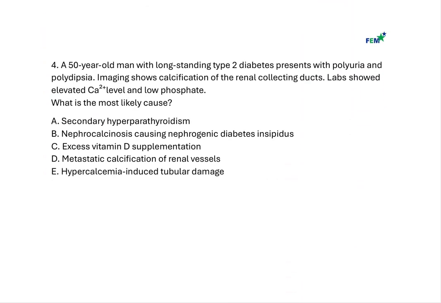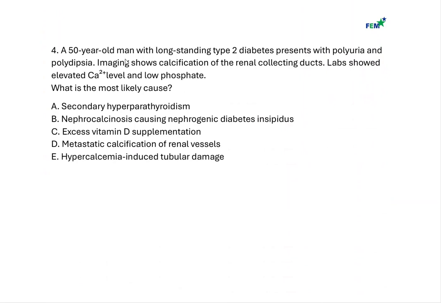And the last question for today, guys. A 50-year-old man with long-standing type 2 diabetes presents with polyuria, polydipsia. Imaging shows calcification of the renal collecting tubules or ducts. Labs show elevated calcium level and a low phosphate. So elevated calcium level, low phosphate. So this could be somebody who has what? Very good. Primary hyperparathyroidism.